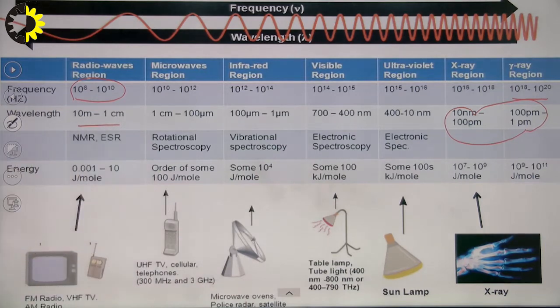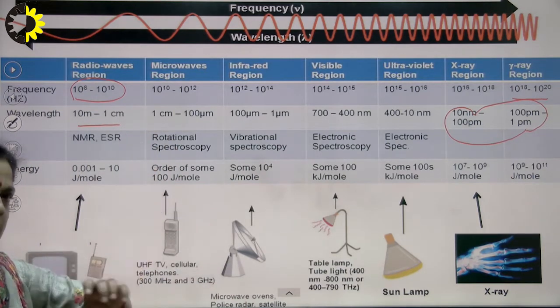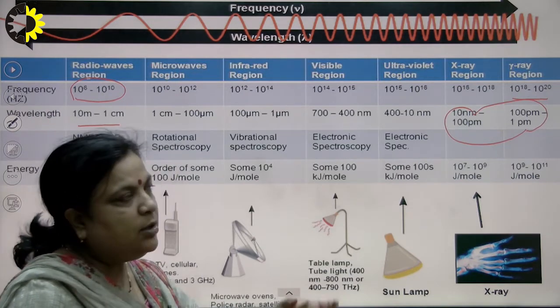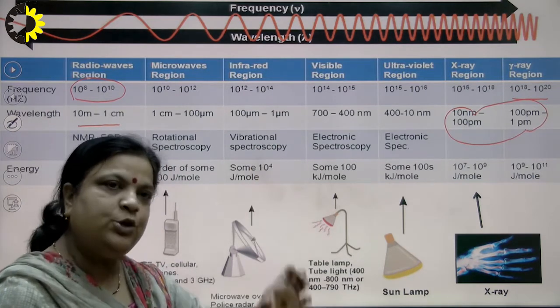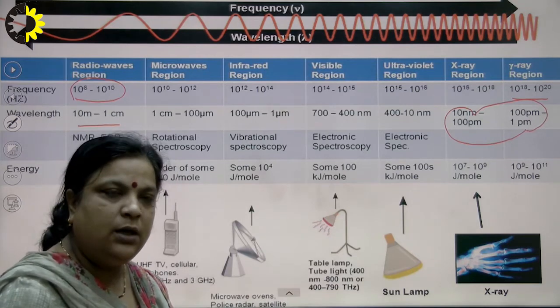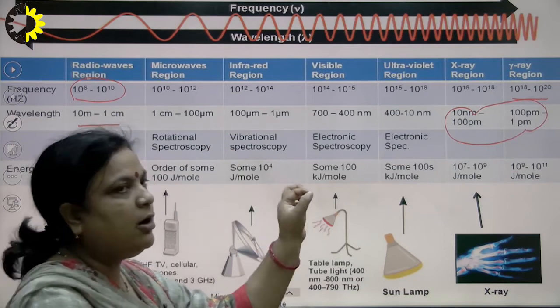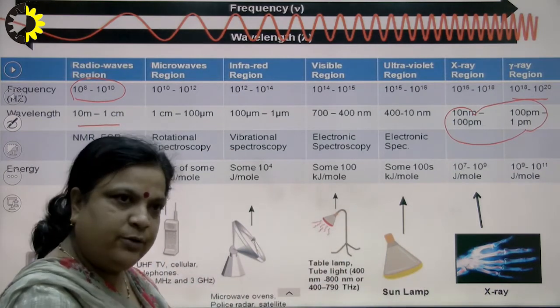Now, the next question: there are lots of spectroscopy types, and we know that in a molecule there is a distribution of energy levels. So, which type of radiation is required for which type of spectroscopy?